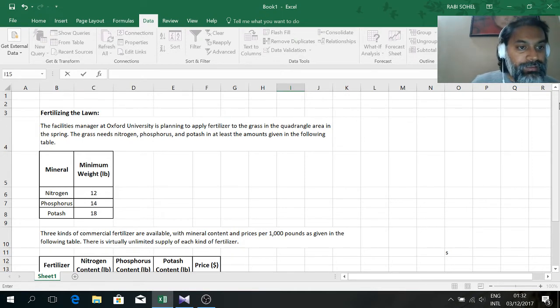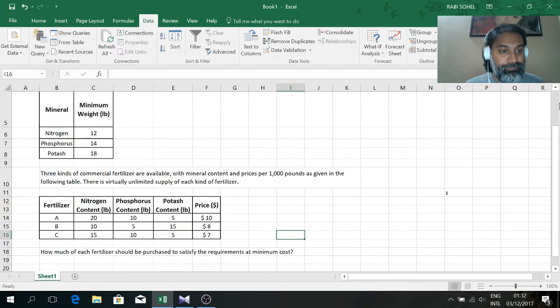It's fertilizing the lawn. The facilities manager at Oxford University is planning to apply fertilizer to the grass in the quadrangle area this spring. The grass needs nitrogen, phosphorus, and potash in at least the amount given in the following table.